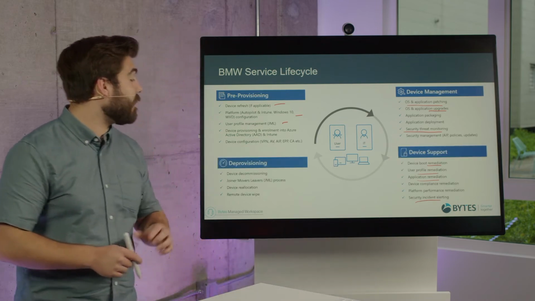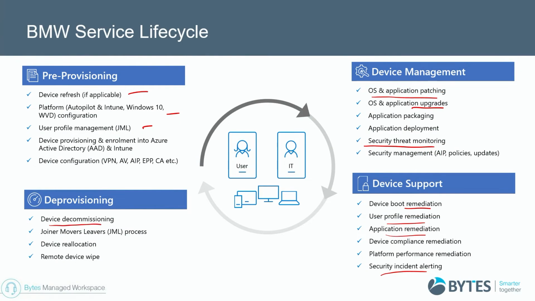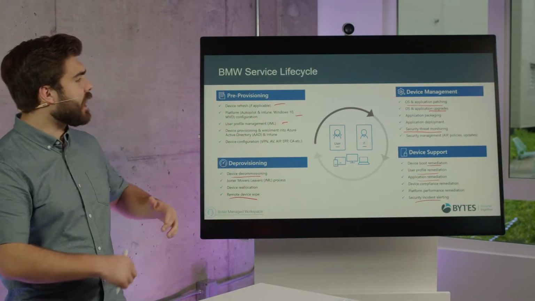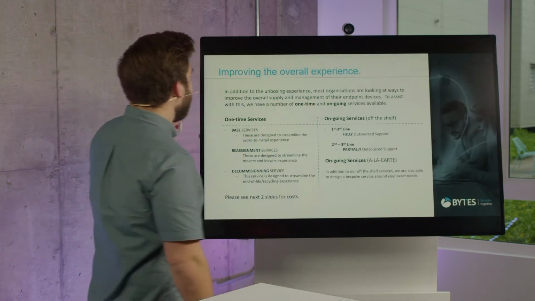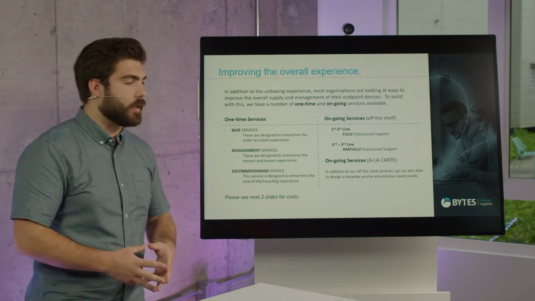There we go. And then, of course, the deprovisioning services, including the device decommissioning from your organization, remote device wipes so that you can have the slate wiped clean on one of your devices remotely as well. So this is just kind of an overview again of that BMW Service Lifecycle, the different kind of rounded edges of BMW's offerings. The goal here is to improve the overall experience of everybody within the organization.